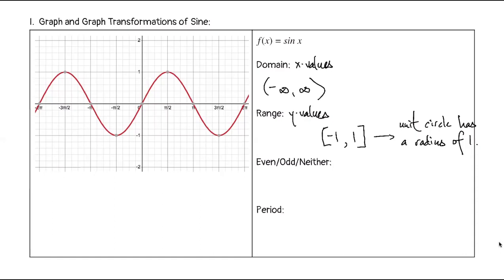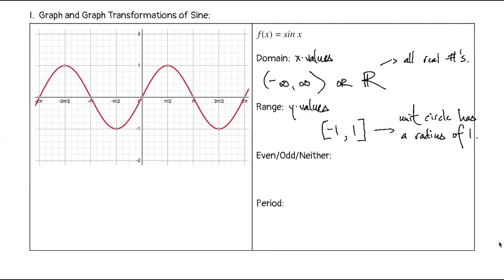Now, for those of you who are new, or just to refresh this piece, another way of saying this is this fancy script R, which stands for all real numbers, okay? And so as we move forward, I want us to know the -infinity to +infinity notation, but we also want to know that's the same as when someone says all real numbers. Okay.